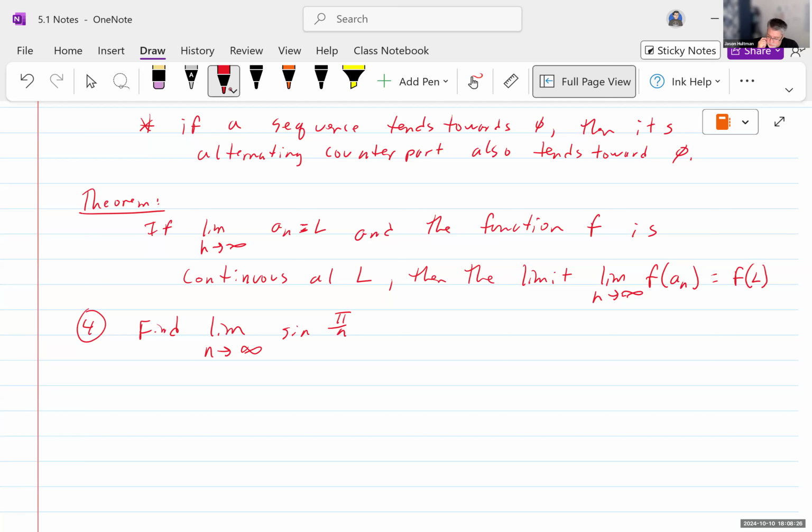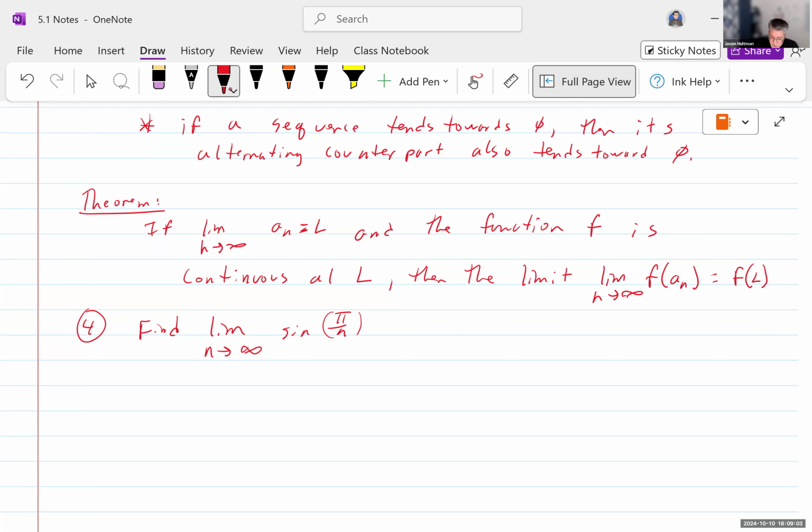What we can do in this case is pull out the sine function and take the limit of the inside, pi over n. It's saying we can take the limit of the inside function and then evaluate the sine of that limit, instead of trying to take the limit of the sine function, which is going to oscillate back and forth. But we can evaluate the limit by asking what happens to the value inside the sine function.